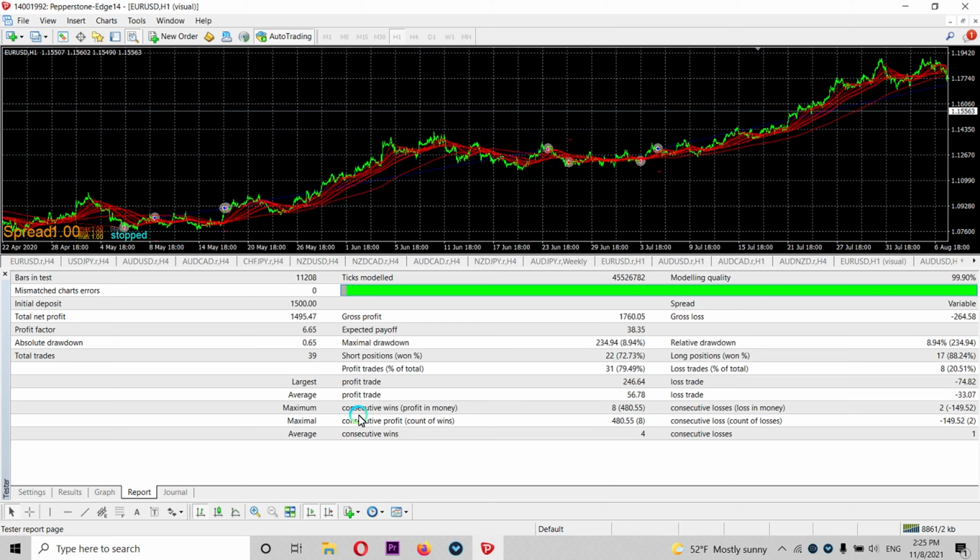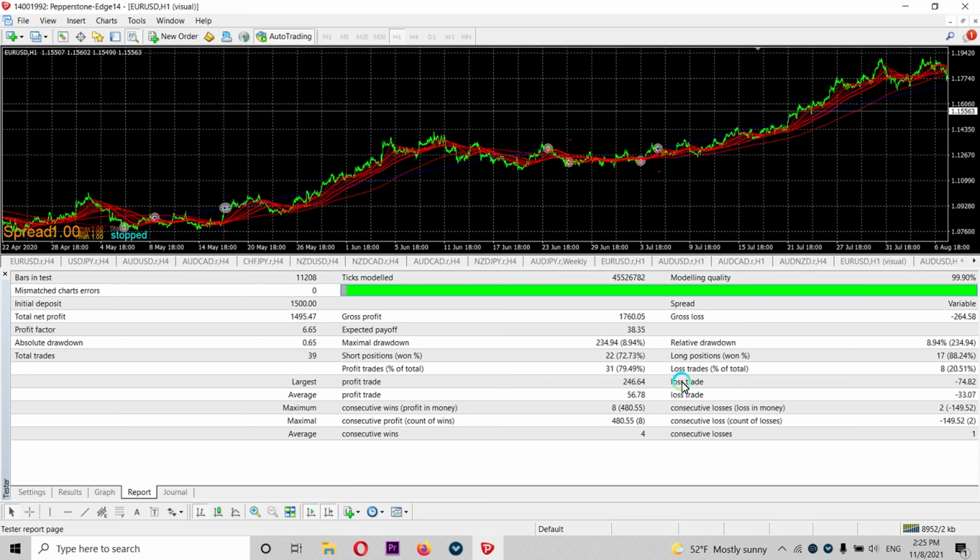So our average consecutive wins are much better than our consecutive losses. That's good as well. And the largest profit trade is so much larger than the largest loss trade. Even though we used a fairly high safety stop loss, the dynamic exit crushed it, and the largest profit trade is a really good one.